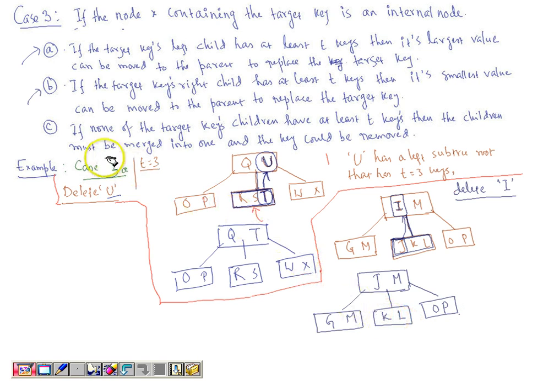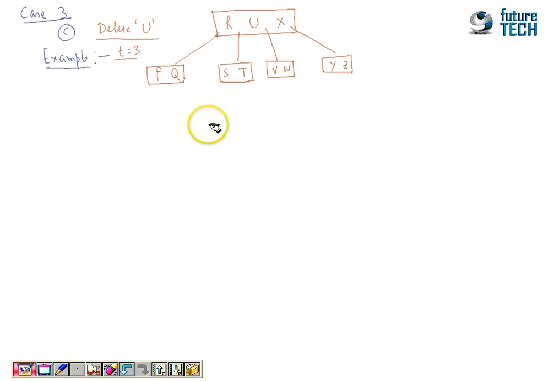Now we are going to look at subcase C under case 3, the last case of this session. Now if the target is U, we can locate U here in an internal node, and we observe that neither of the subtree roots of U has at least T keys. T is 3, so it contains T minus 1 keys, and it also contains T minus 1 keys.